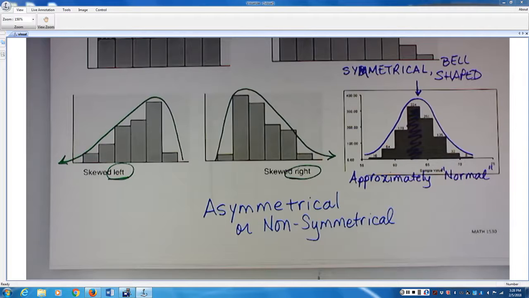Okay? That just means its bars are all over the place. They're like waves. There's no clear pattern to them. It doesn't have one tall peak anywhere. It doesn't have two distinct peaks. Everything just kind of meanders around. It's all different heights, all different frequencies. It doesn't start low, end high. It doesn't start high, end low. It doesn't start low, go high in the middle, and then end low. It doesn't stay the same. It just doesn't have a distinctive shape that we can describe, so we lump all of those into something that we call asymmetrical.